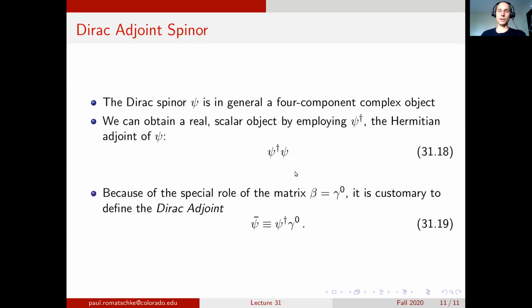But because of the special role of the gamma matrix gamma^0, which was the matrix beta in Dirac's original notation, it is also customary to define the Dirac adjoint. This is denoted as psi bar and is given as psi dagger times the gamma matrix gamma^0.